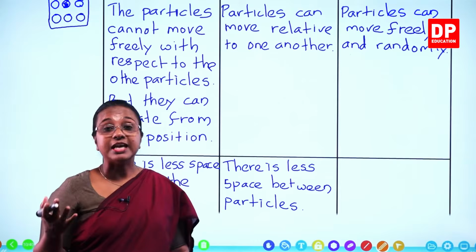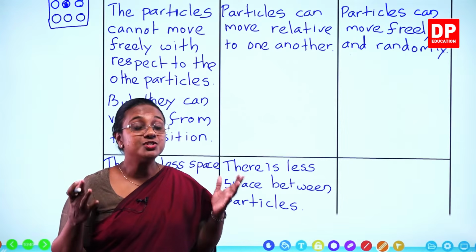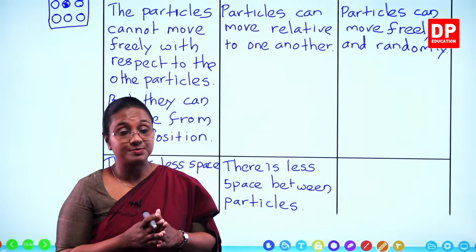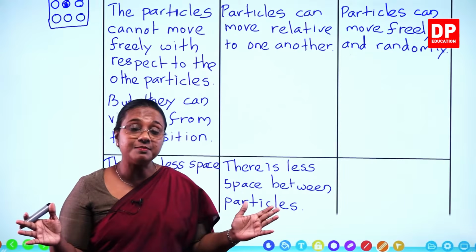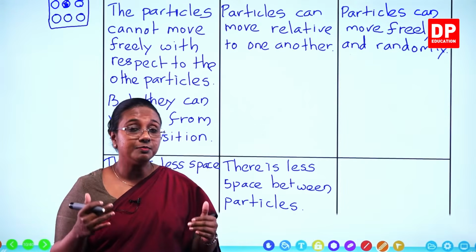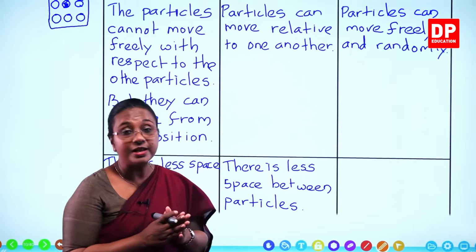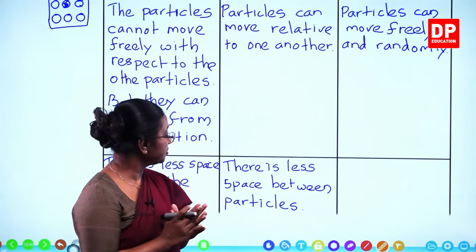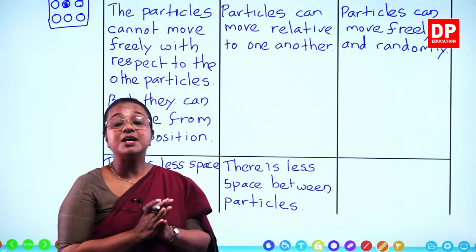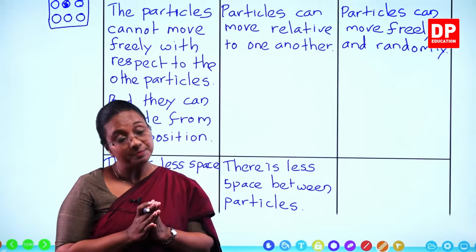So what about the gases? There was a lot of space between the gas particles. Why? They were randomly organized. The weak bond was very, very weak and they were able to move around freely. So because of that, there is very much space between the particles.